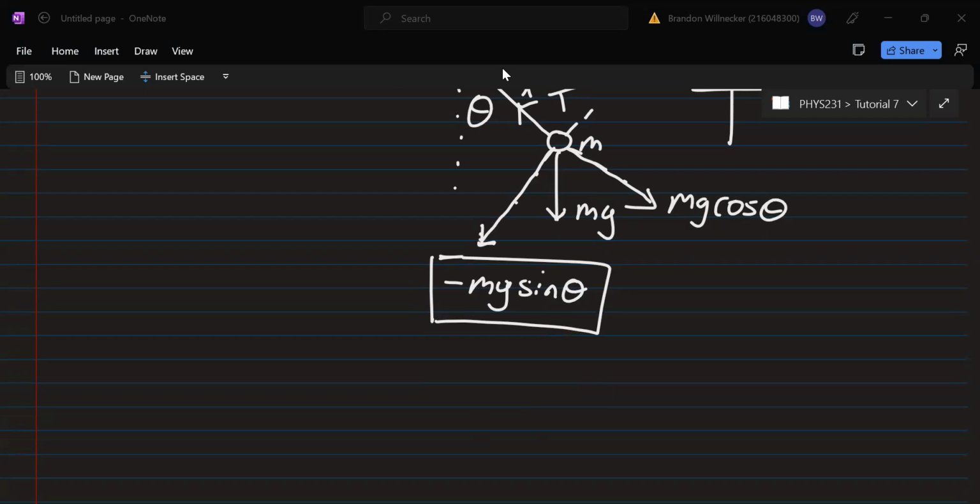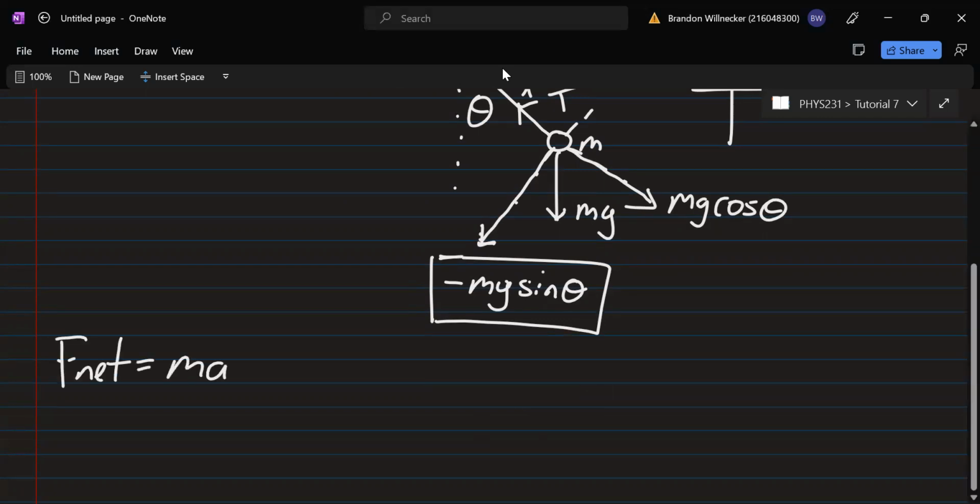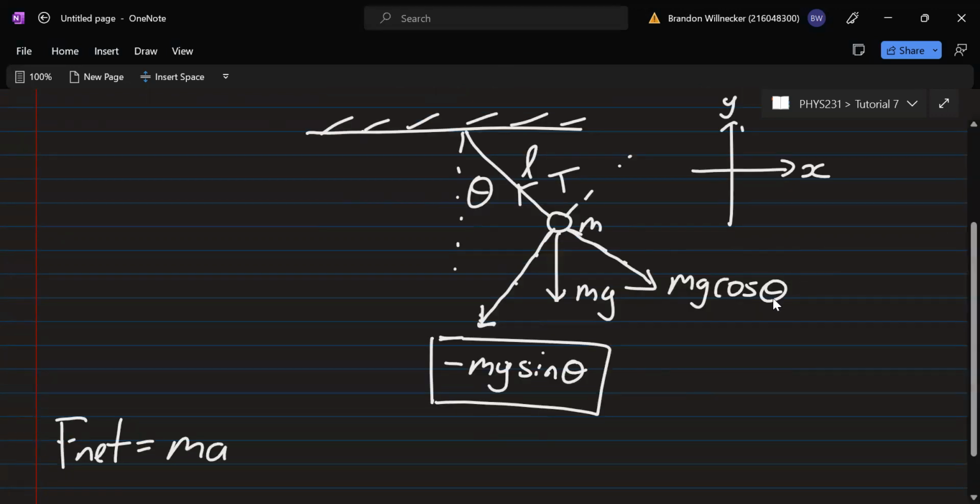Newton's second law: F net equals ma. We would like to write a in terms of theta, but that's fine, because we know that the distance covered by the bob, let's call it x, is equal to L theta.